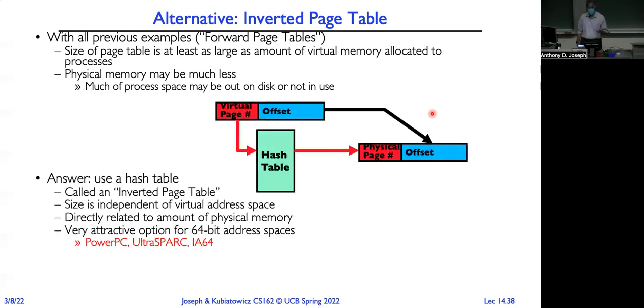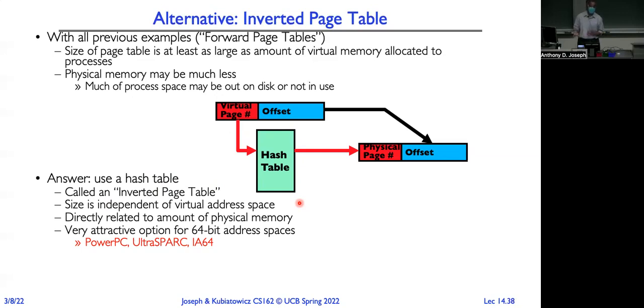So what we're going to use is a hash table. We're going to take our virtual page number and give it to this hash table, and it's going to give us back our physical page number. Now, it's called an inverted page table. The nice thing here is the size of this hash table is proportional to the size of physical memory, because it's just keeping track of what's actually in physical memory and where is it.